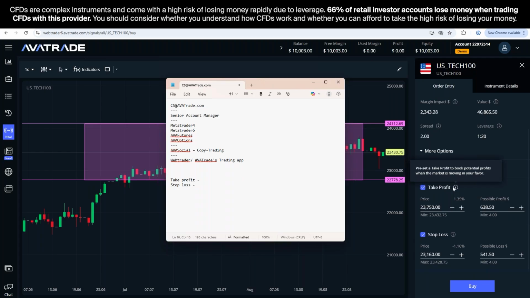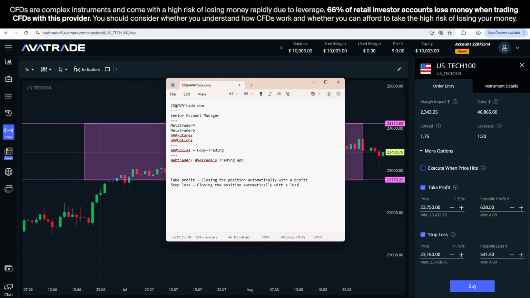You can just point in here, but I'm giving it in simple words just for you to have it a little easier to remember. So take profit closes the position automatically with a profit, and stop loss closes the position automatically with a loss when reaching the price. If it doesn't get to the price, it's just going to hang there. But if it gets to the price, that's what it does.